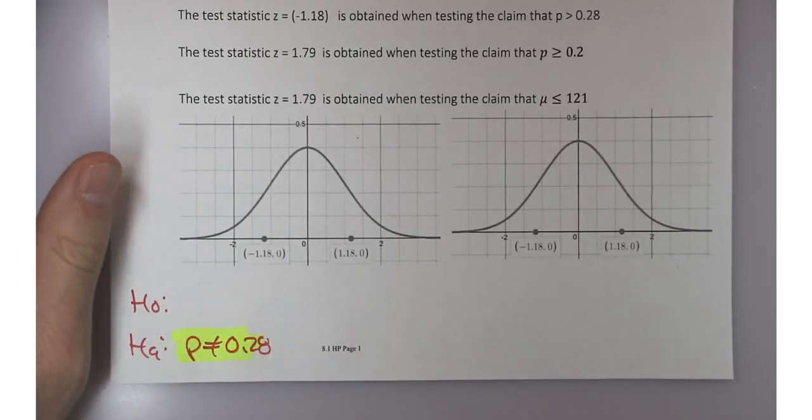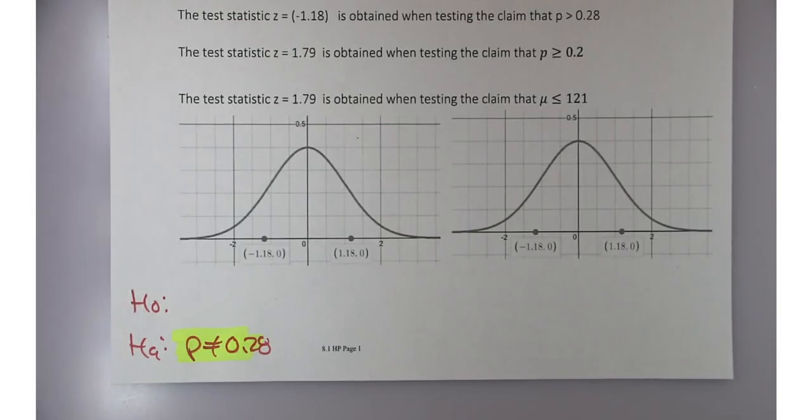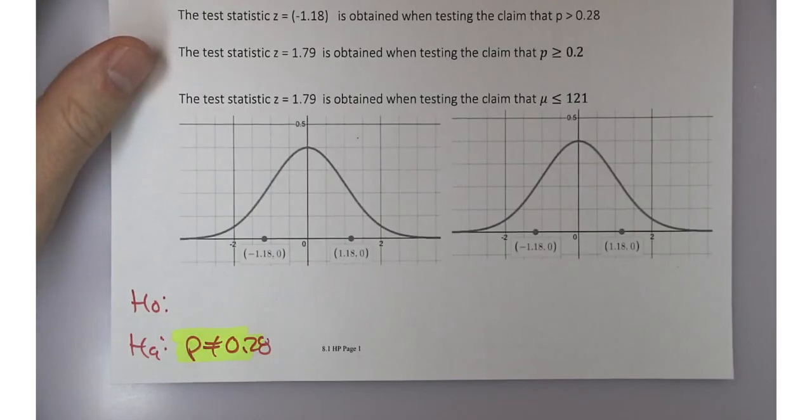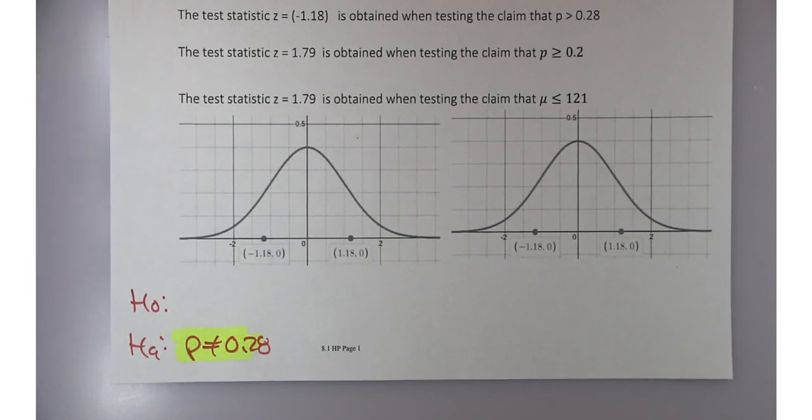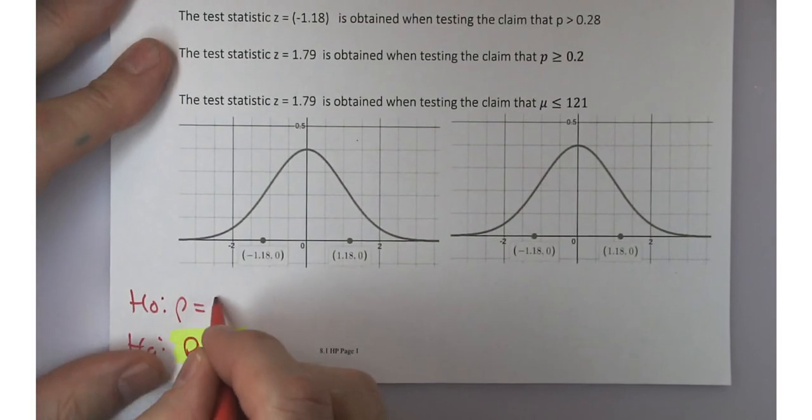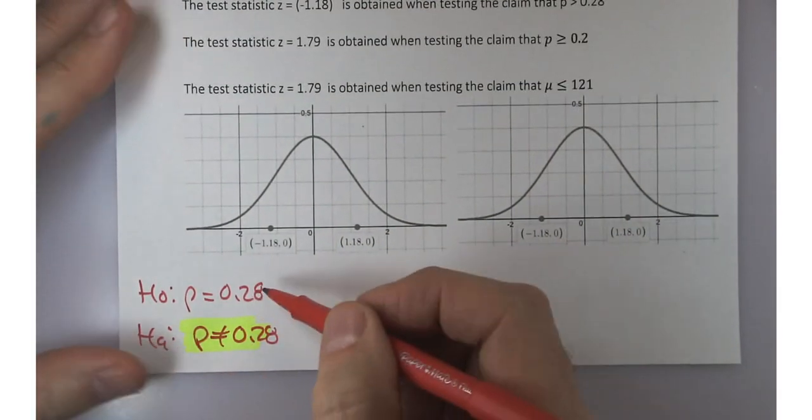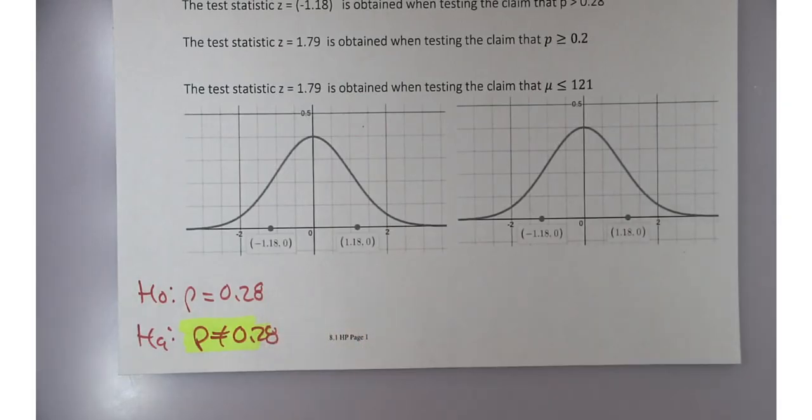What could I put in symbols? You can look back to our example D if it helps out. The previous one we just did. So would it be P equals 0.28? Yeah. P equals 0.28. So again, it's one or the other. You can't be both. There's no overlap in these two.